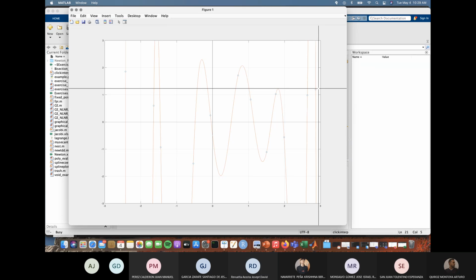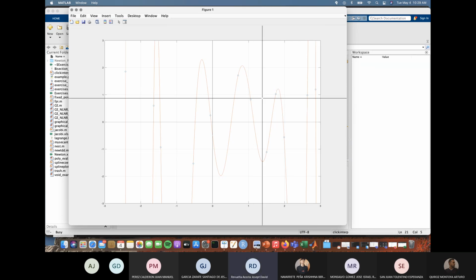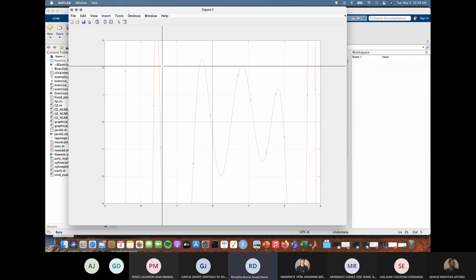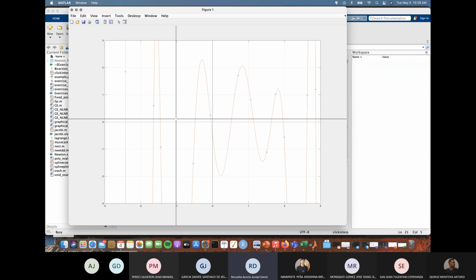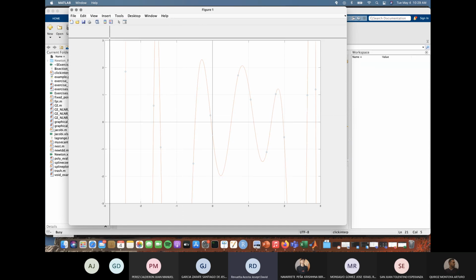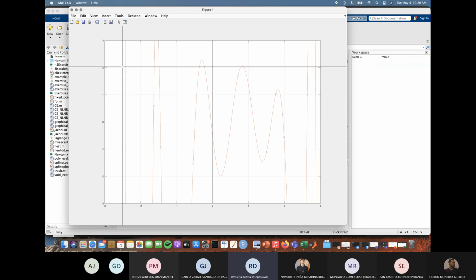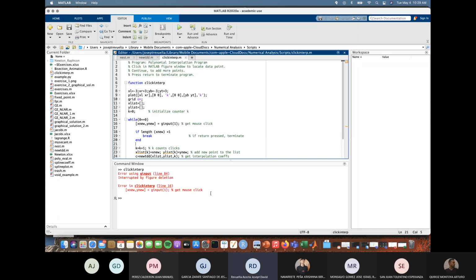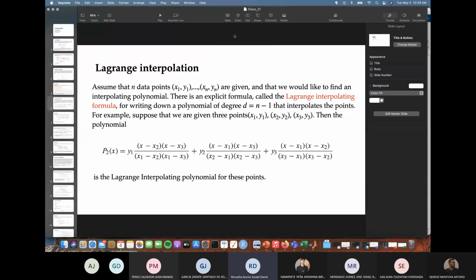So this would be the perfect interpolation because it passes through all the points. This is one example of a code that we can make in MATLAB to simulate, or at least have an idea of what I'm talking about. That would be it so far. Let's continue with the class.